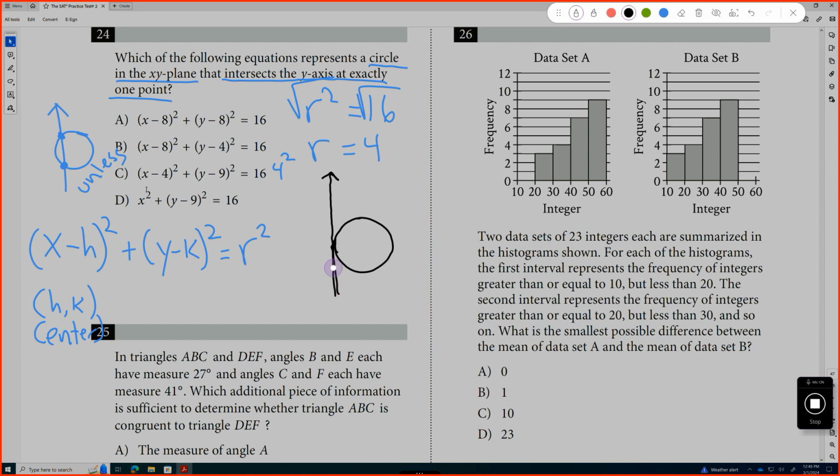So that means that I can make a radius parallel to the x-axis. So my center is right there. I already know that my radius is 4. If the y-axis is a tangent, the distance from 0 to 4 on the x-axis is the same segment, so it's 4 units long.